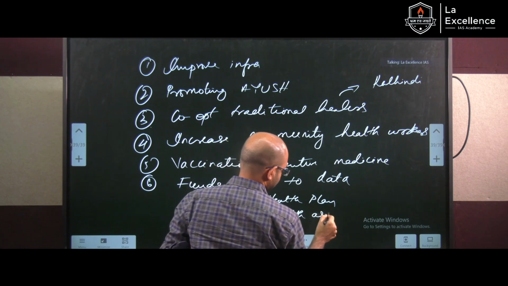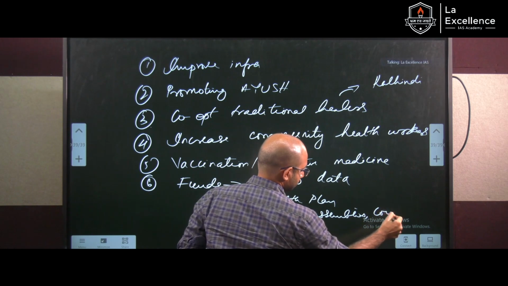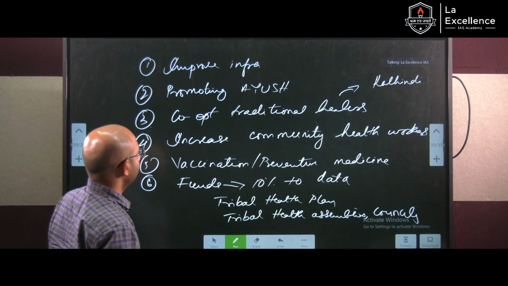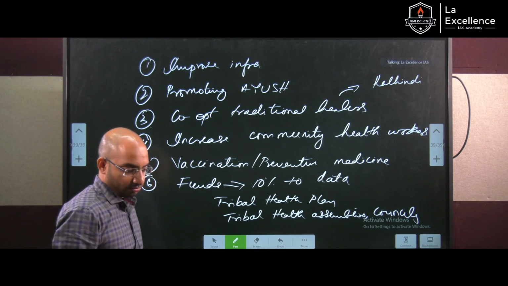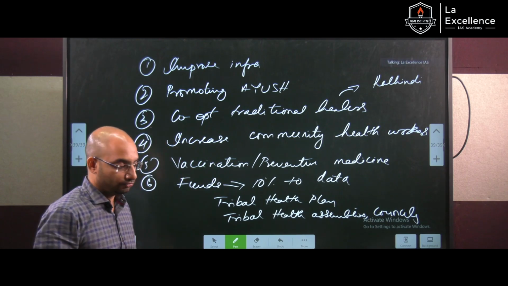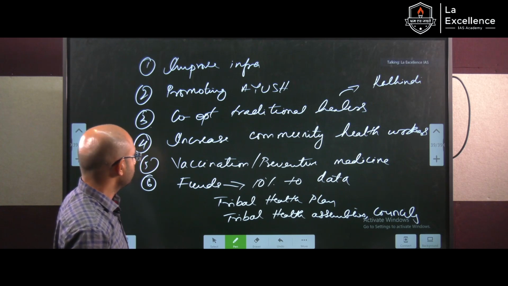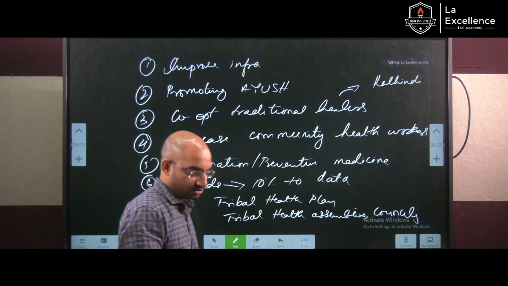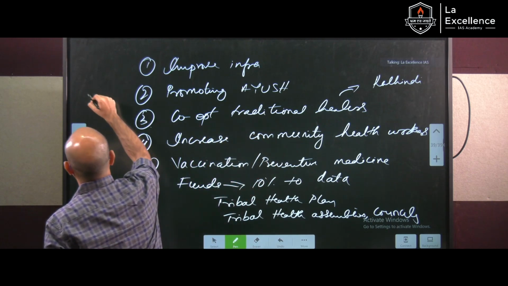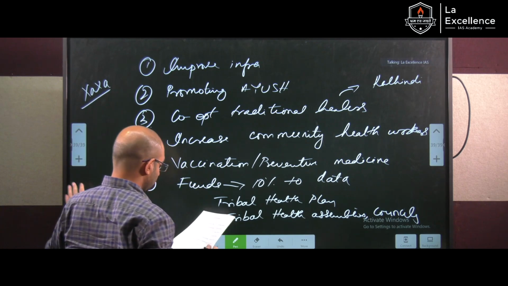Health assemblies and councils at village level, and along with this increase social determinants of health by providing better water, food, and ensuring pollution is reduced. So all these measures, you will find a host of measures in the handout that I shared. So discuss all these measures and say that these are the recommendations as per Kaka committee. So that is how you can talk about health problems.